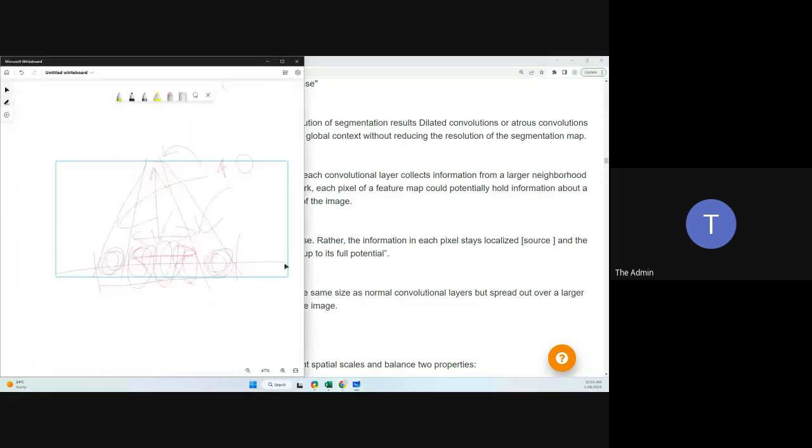Let me explain it like this, how I think about this. What I feel is that based on the area, okay, imagine that this is the effective receptive field of the kernel, right?